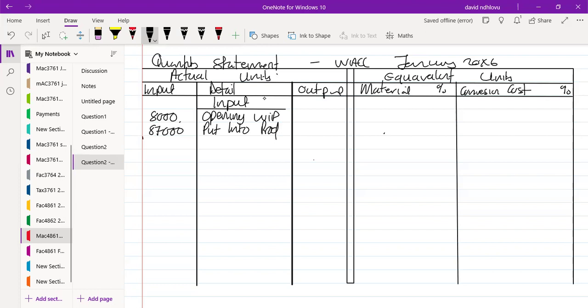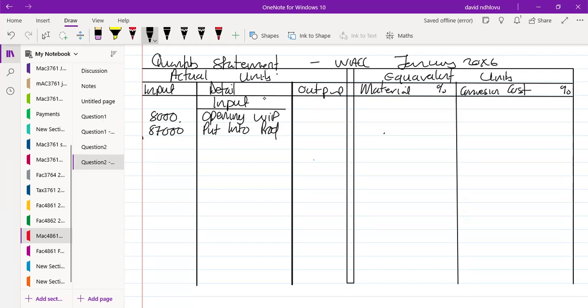So opening WIP as well as the raw material that you introduced will give you your input into the process. From this input, you are going to have your output.